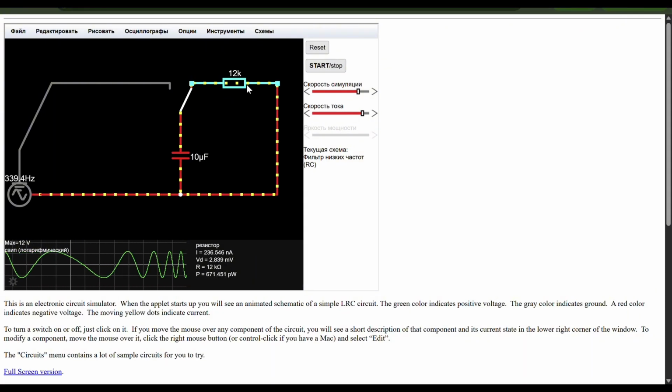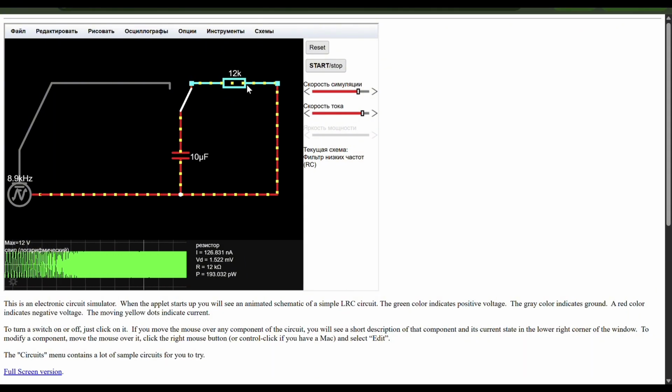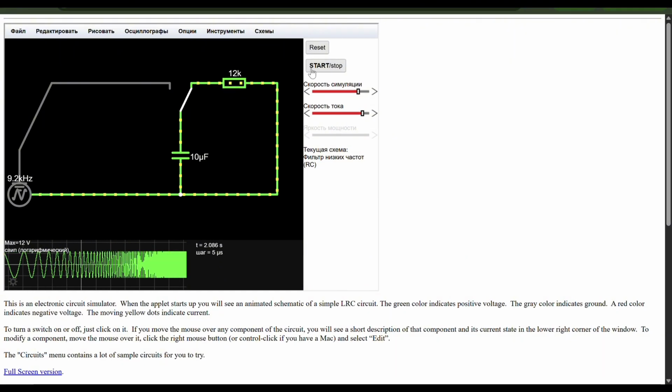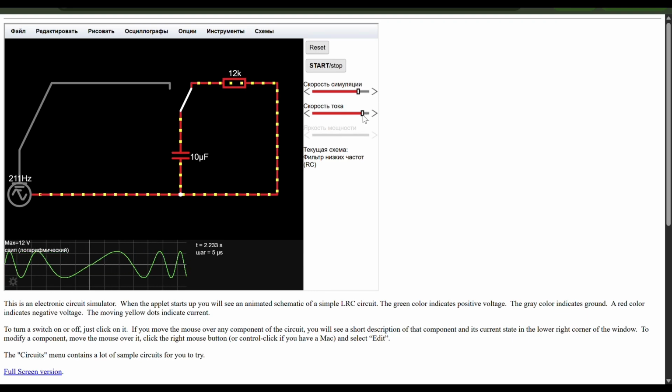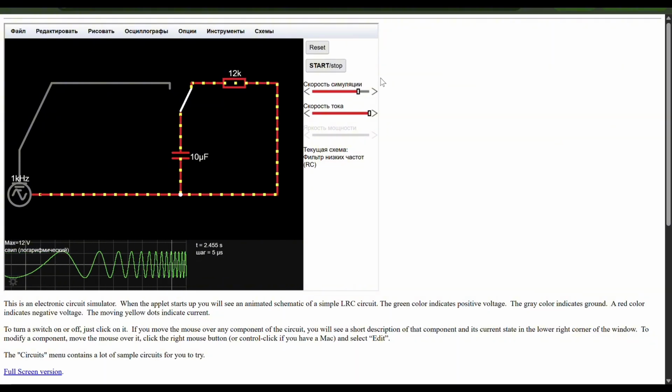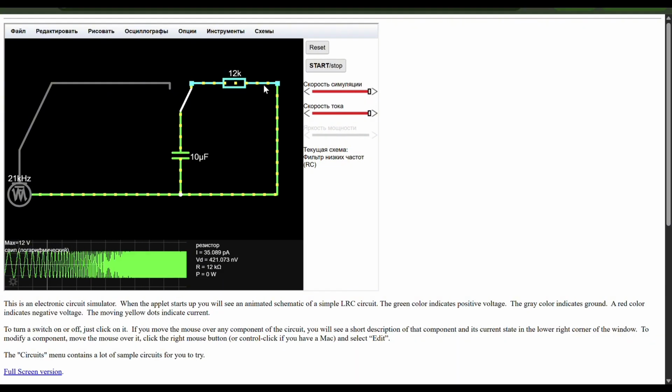It was micro, no, it is nano ampere. Our current and voltage change over time because of the frequency, of course. It's the maximum speed of simulation.